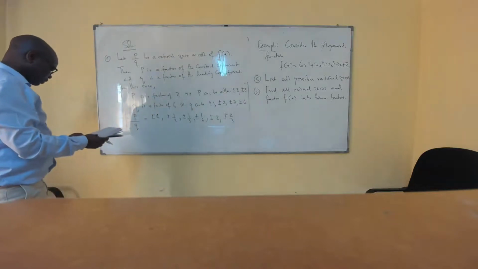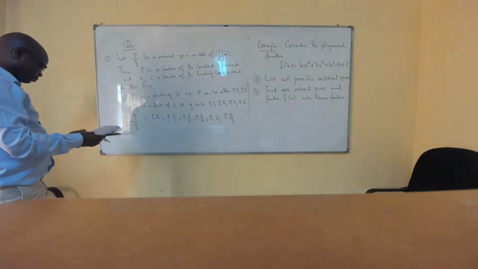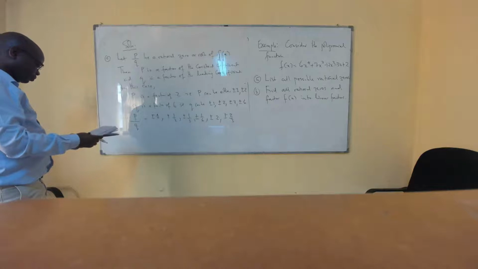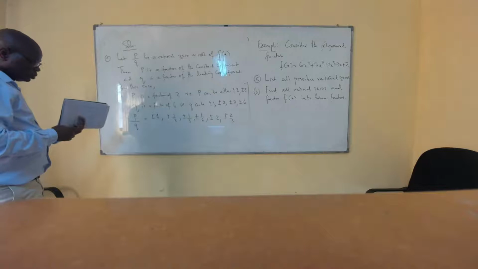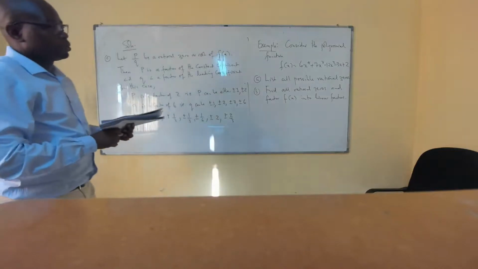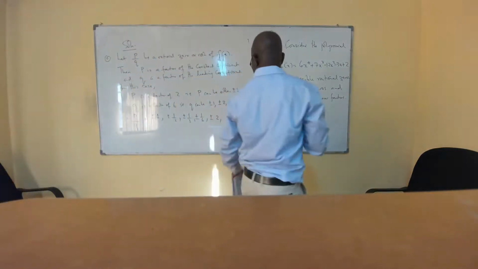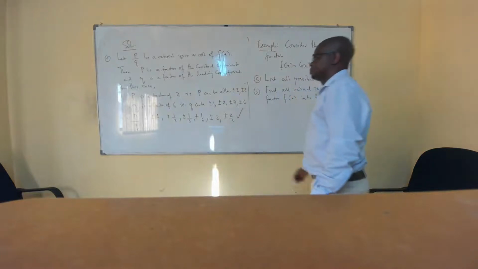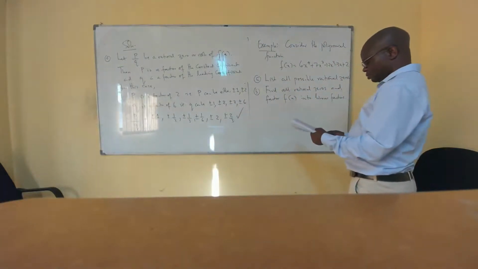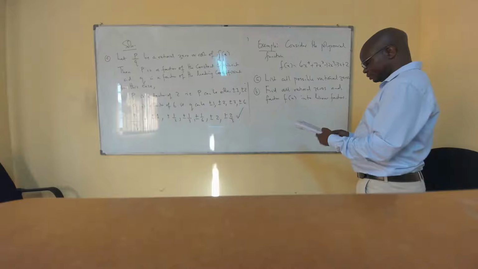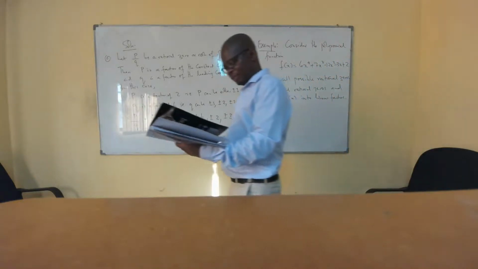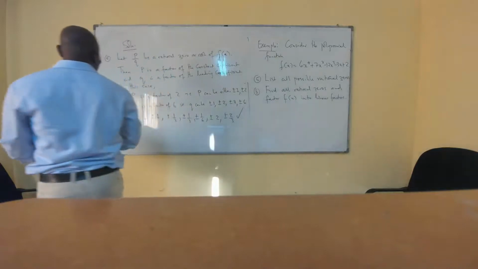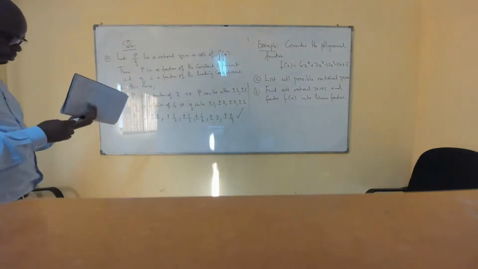So how do we check? List all possible rational zeros. These are the possible rational zeros. In the next part of the question, we are asked to find all the rational zeros and factor into linear factors.